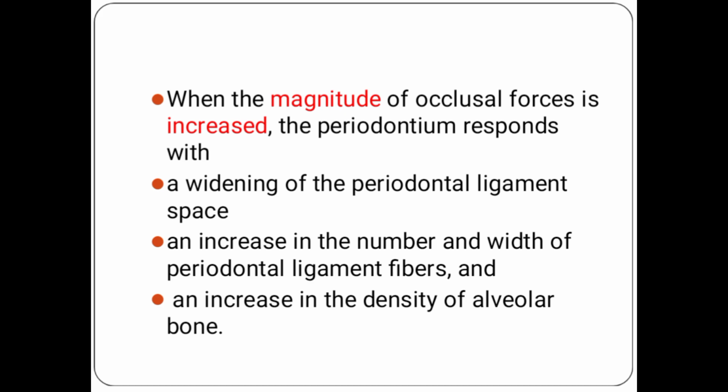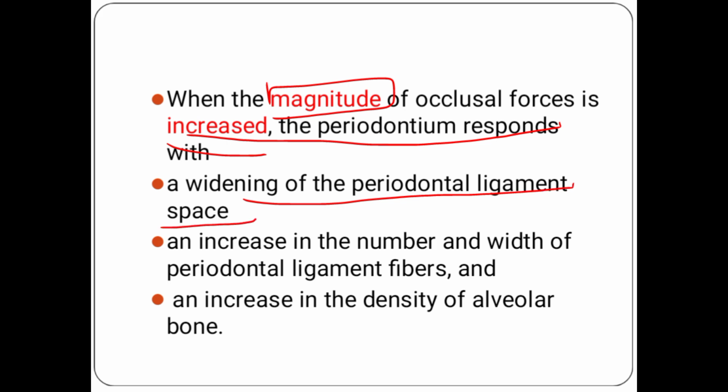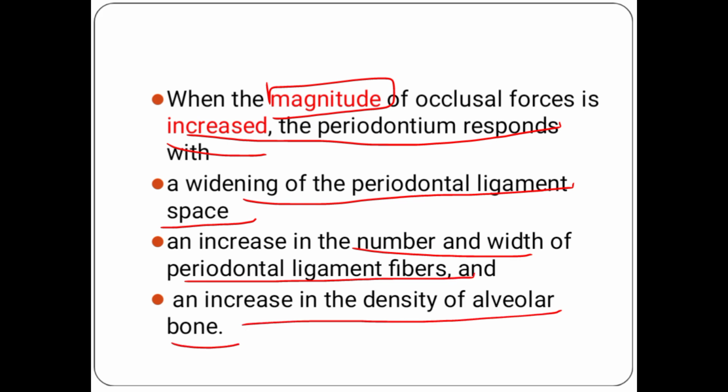Magnitude is a very important point. When the magnitude of occlusive force is increased, the periodontium responds with widening of the periodontal space, and the number and width of the periodontal fibers increase, with an increase in the density of the alveolar bone.